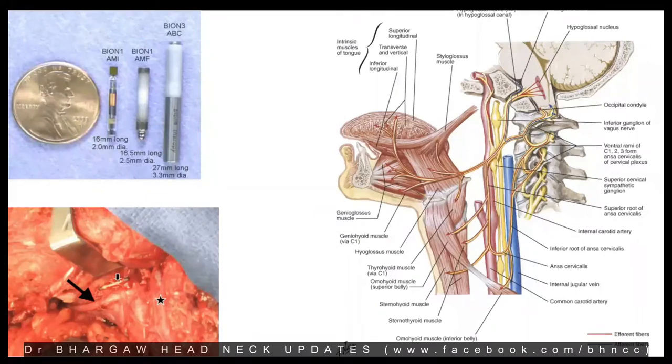The implant is still in experimental or research stage. This implant is inserted before radiation treatment starts, and the stimulation is continued throughout the radiation treatment, and then it's removed many months afterwards. So the concept is that the constant stimulation of these suprahyoid muscles helps in preventing atrophy and fibrosis of the swallowing musculature.